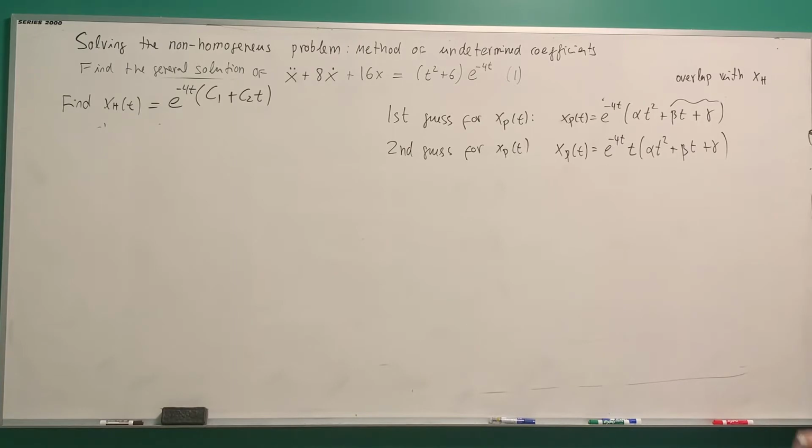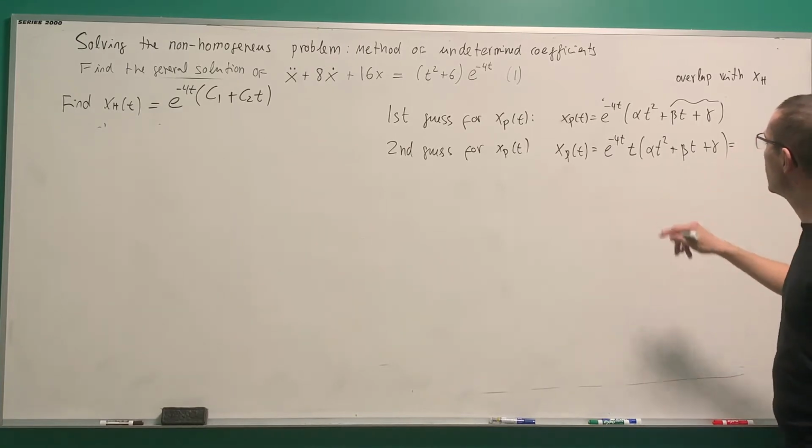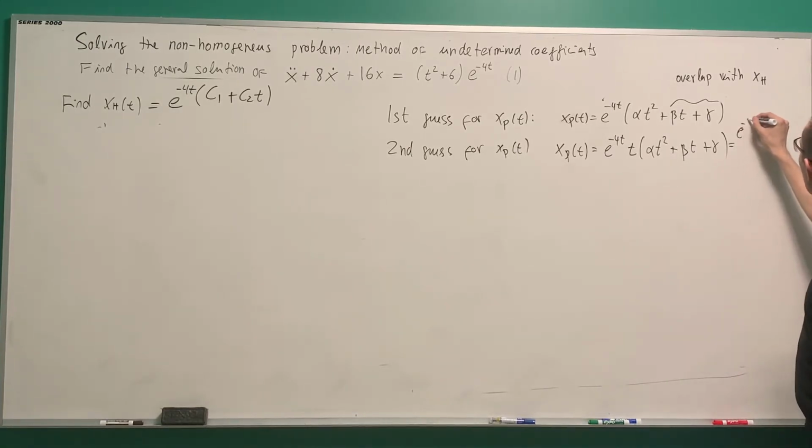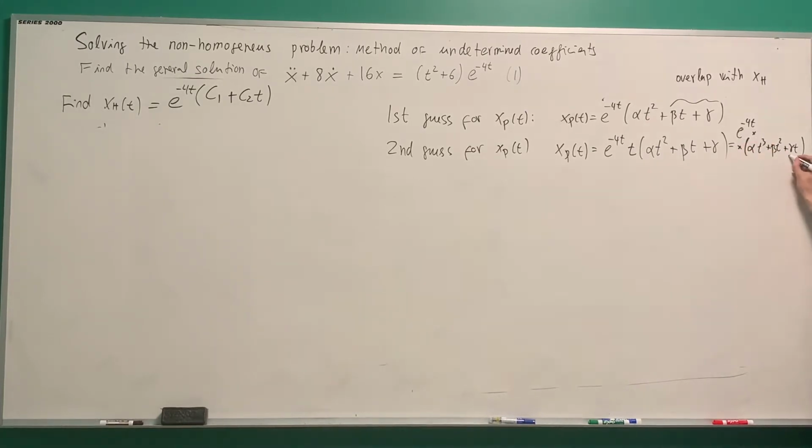Is that good? Well, this thing is e to the minus 4t multiplying (alpha t cubed plus beta t squared plus gamma t). Is this good? Not quite. Why? Because we still have this exponential with this.